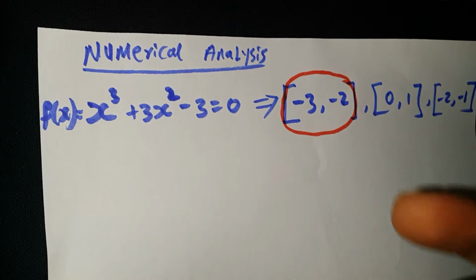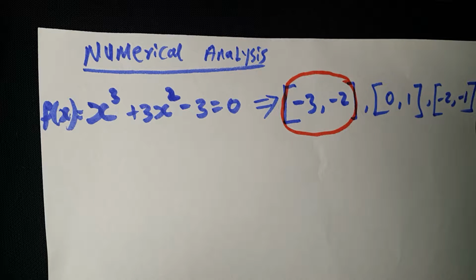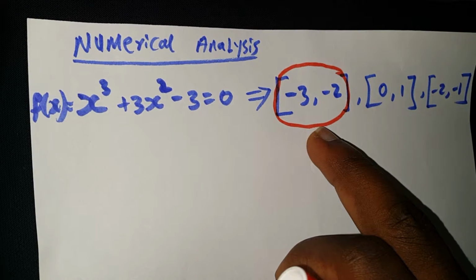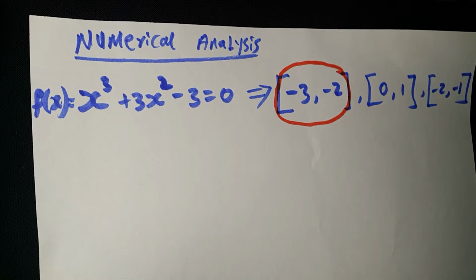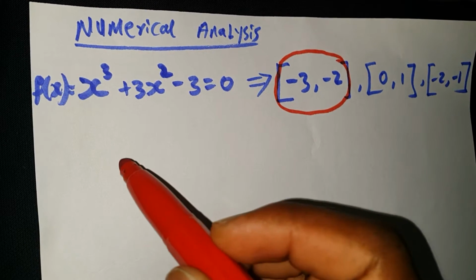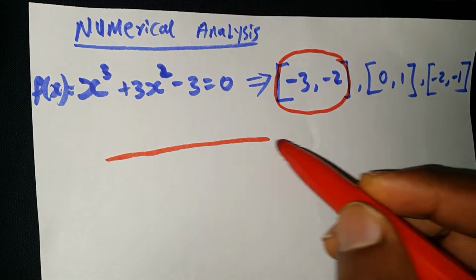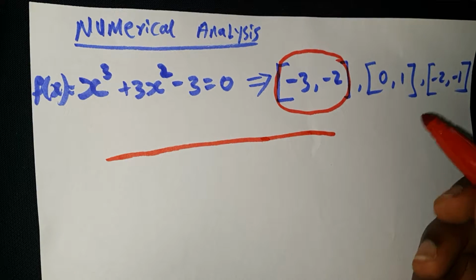So now we are using this interval, and here we want to use bisection method, and as I told you, I will try to show you the easiest way. Now you have the intervals. What do you need again? You need C now. The first thing you have to do is draw a long line.